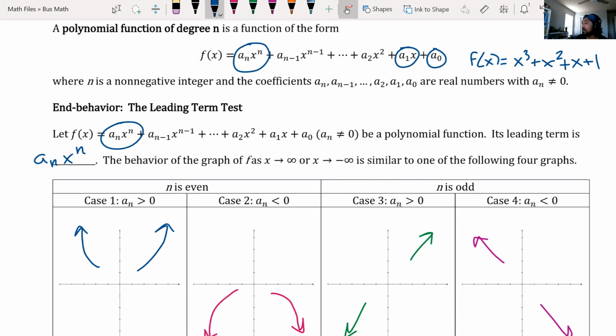The leading term tells us, whether it's an even degree or odd degree, and if the coefficient is positive or negative, how the polynomial's graph will open. And this all depends on the behavior as x approaches infinity or as x approaches negative infinity.